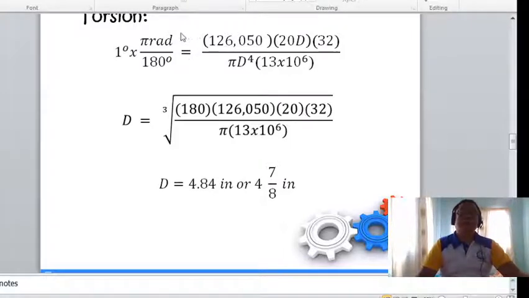That is from the formula J equals pi d to the fourth over 32, the polar moment of inertia, over pi times d to the fourth multiplied by 13 times 10 raised to 6, which is the modulus of rigidity of the material. Getting the diameter, class, that is 4.84 inches. Getting now the commercial size of the shaft, that is 4 and 7/8 inches. Okay, so I think it is clear to everybody.